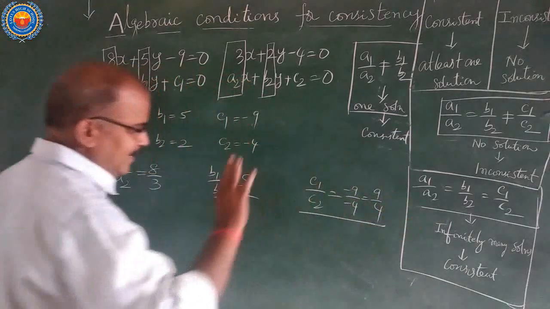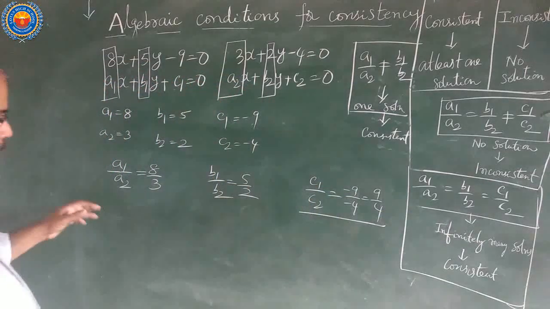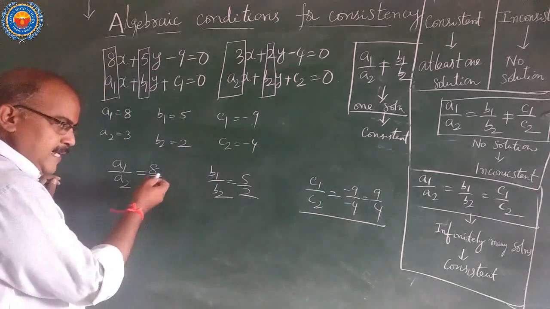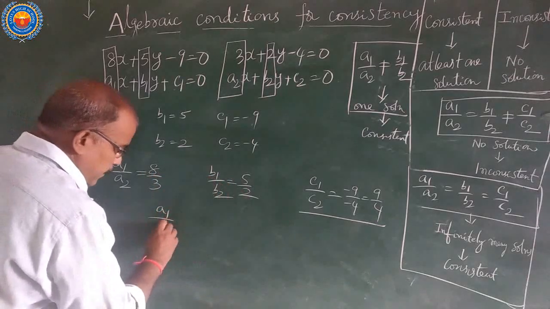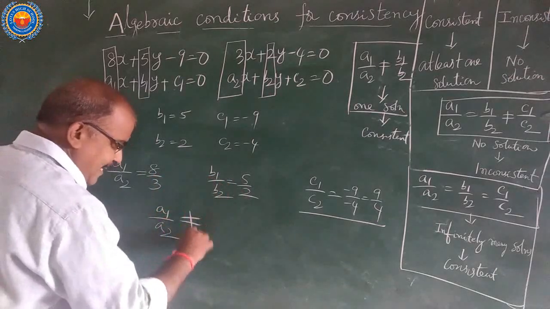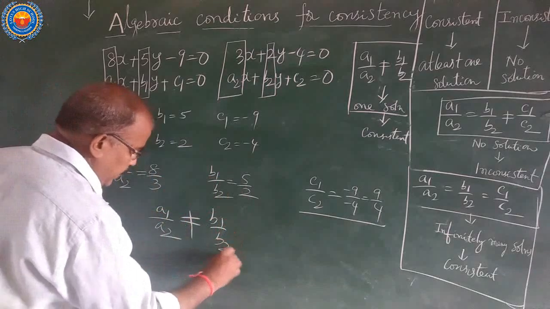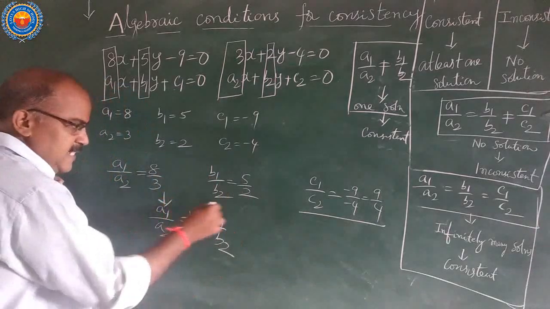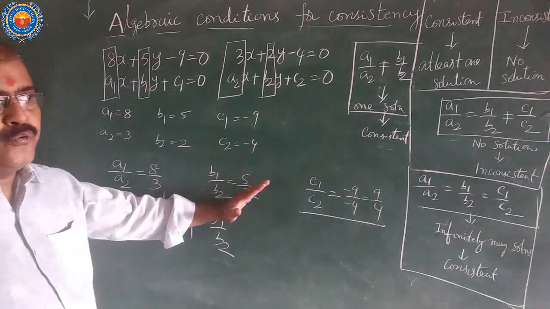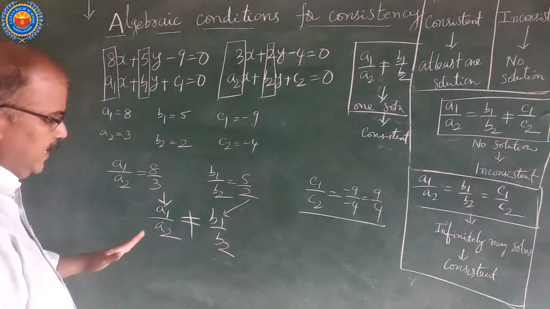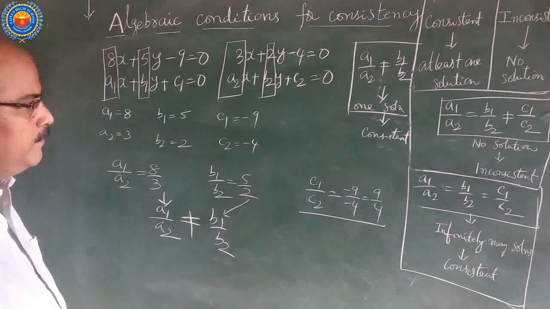This is not important, leave it aside. Here a1 by a2 is 8 by 3 and b1 by b2 is 5 by 2. 8 by 3 is not equal to 5 by 2, so a1 by a2 is not equal to b1 by b2.